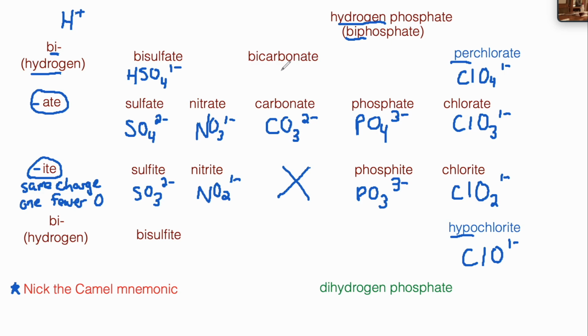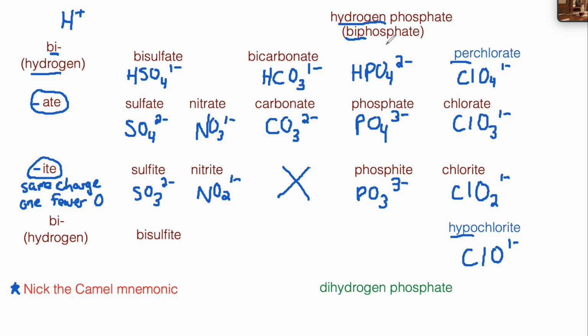If you added a plus to that, first we're going to add the H, HCO3, and then when we add the plus charge, then the -2 changes into a -1. For phosphate, if we add a hydrogen, we have a hydrogen here, HPO4, and the -3 changes into a -2.